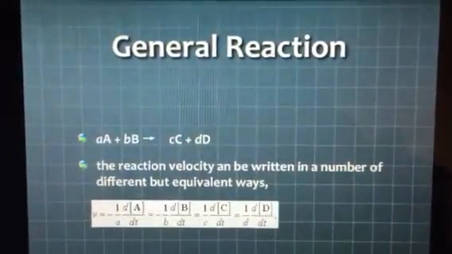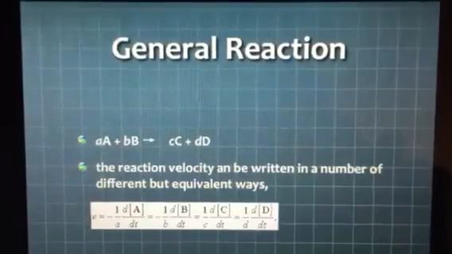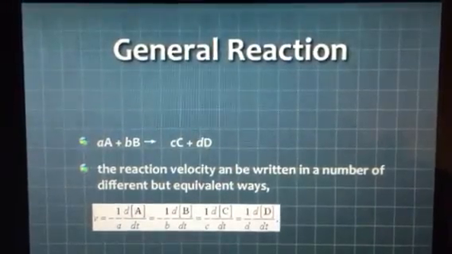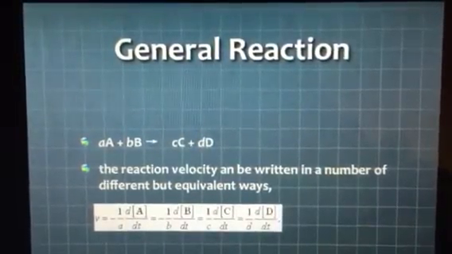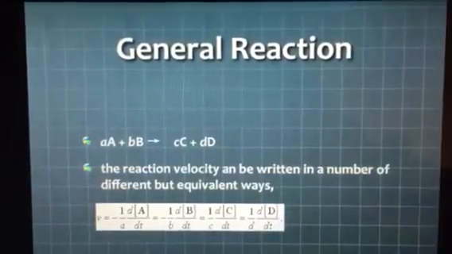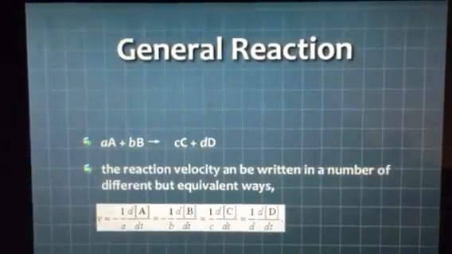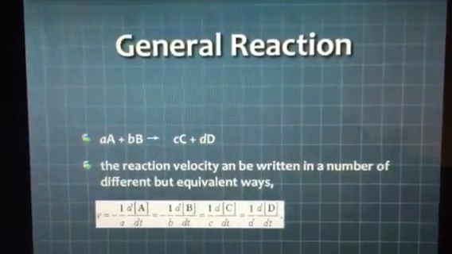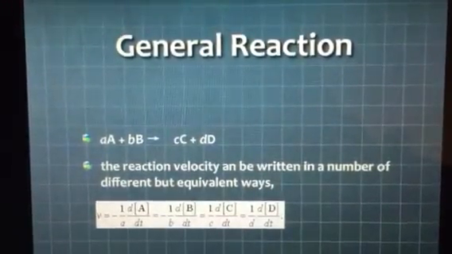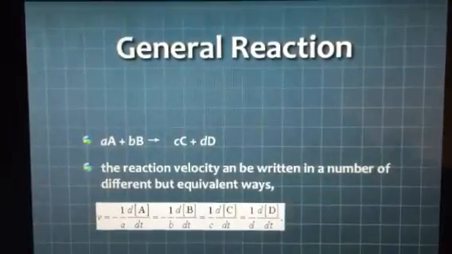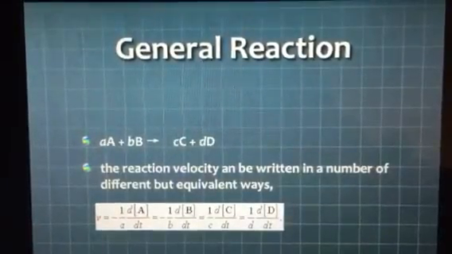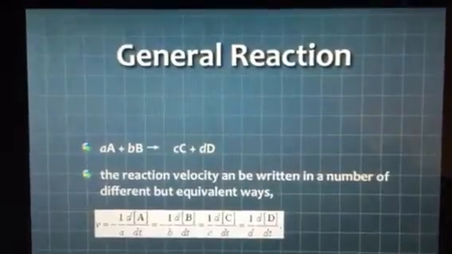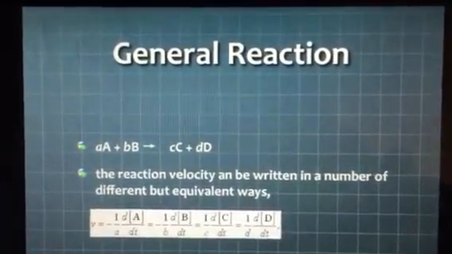As in our previous example, the negative signs account for material that is being consumed in the reaction, and the positive signs account for material that is being formed in the reaction. The stoichiometry is preserved by dividing the rate of change of the concentration of each substance by its stoichiometric coefficient.